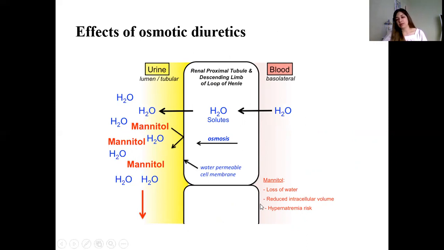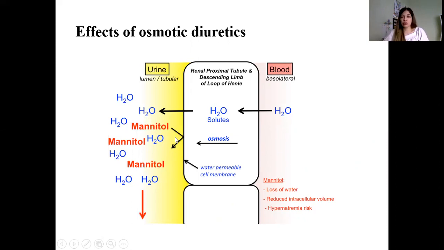So what will be? It will lead to loss of water. It will reduce the intracellular volume because from here water also will move outside, and it can make a risk of hypernatremia. Why? Because only water will go out, only water. Sodium will not go out. Sodium will still be normally reabsorbed.